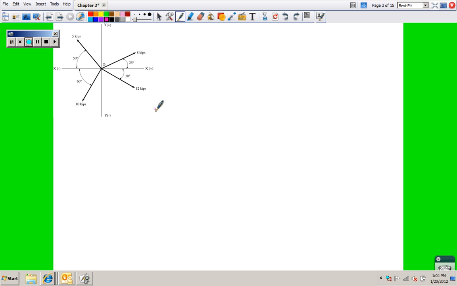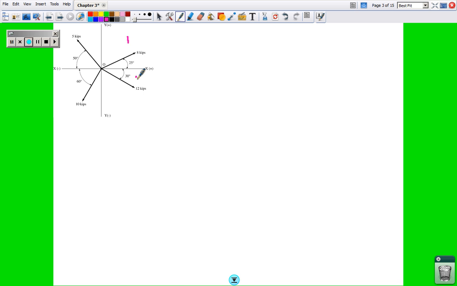Okay, let's work the next example. To do this, we're going to have to break all 4 of these forces down. So let's label these forces 1, 2, 3, 4. Okay?